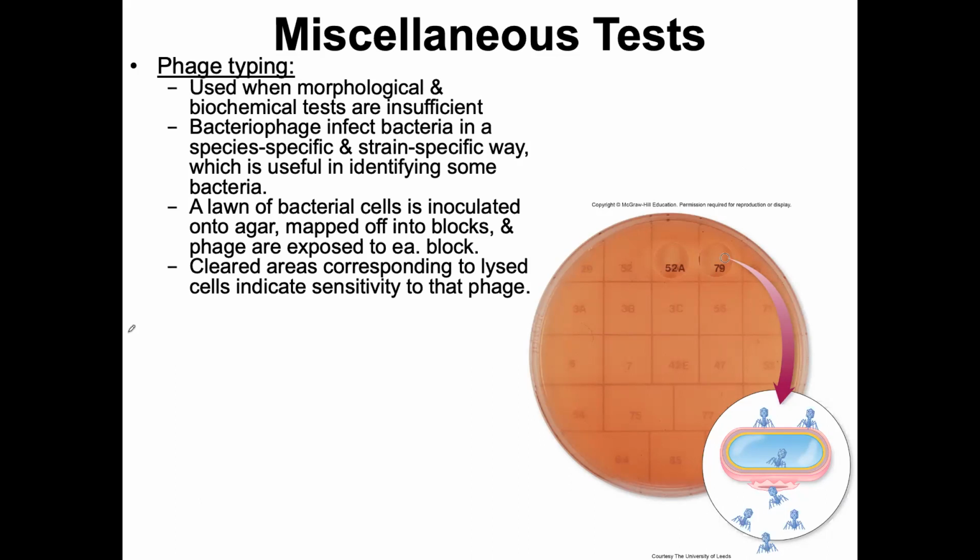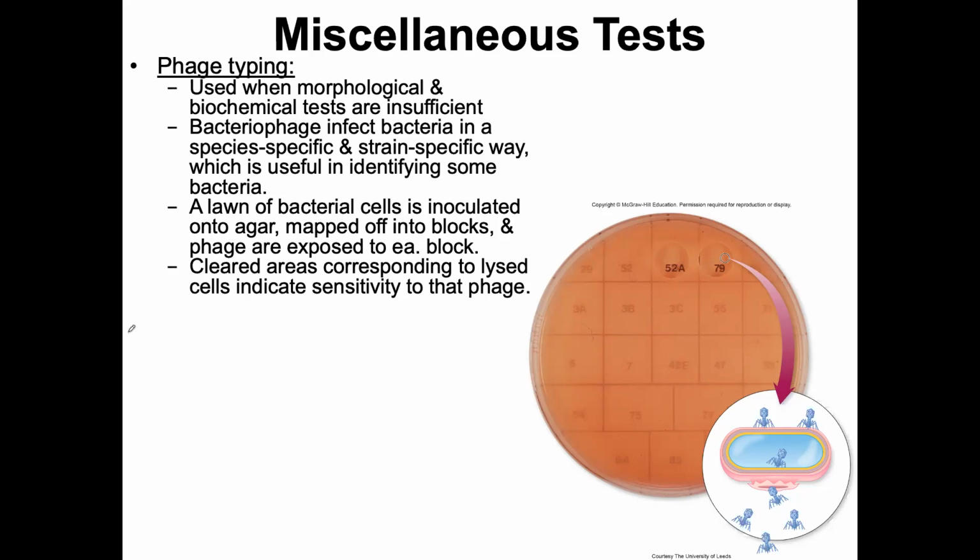So we take a lawn of bacterial cells, we grow them up on solid media, we put a grid of blocks on the bottom of the plate, and then clear areas are going to be lysed cells, which indicate sensitivity to phage.